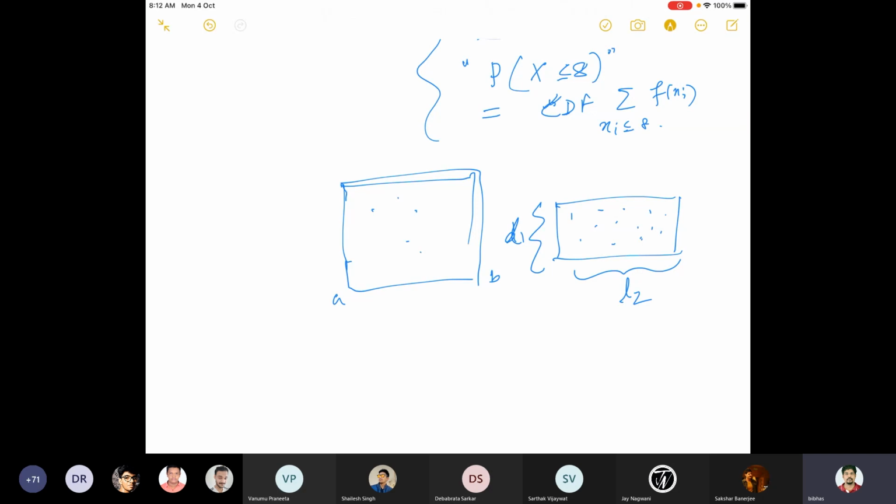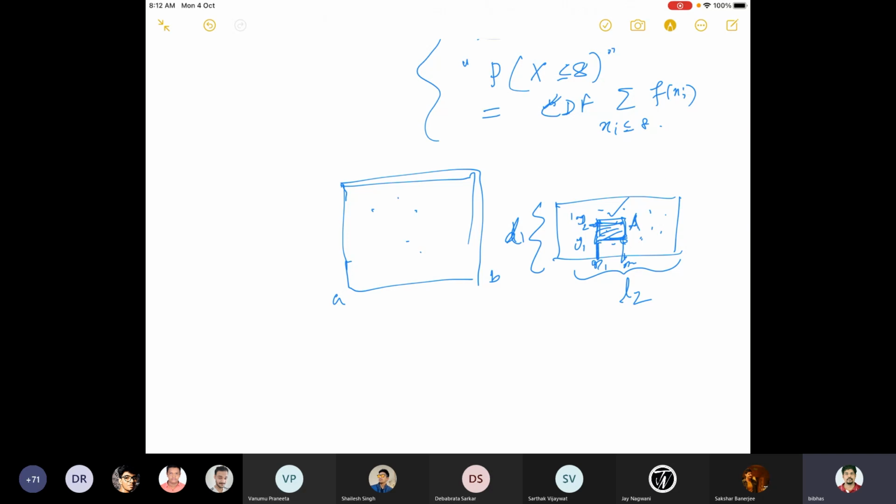Then the question could be: what is the probability that the point will be picked from some particular sub-area of this? Let's say the points x1, x2 and y1, y2 are given to you, so you know this region. What is the probability that the point will be picked from this region?